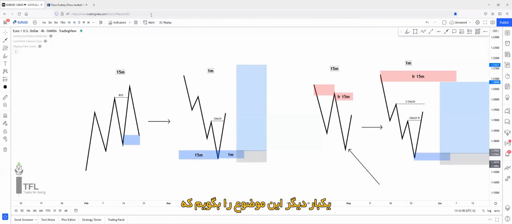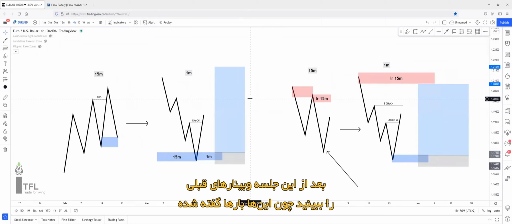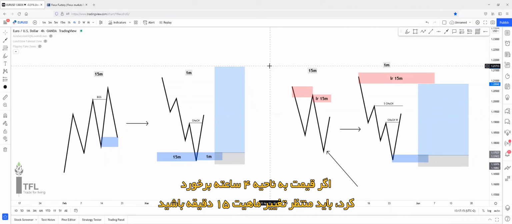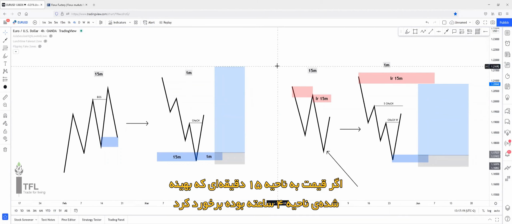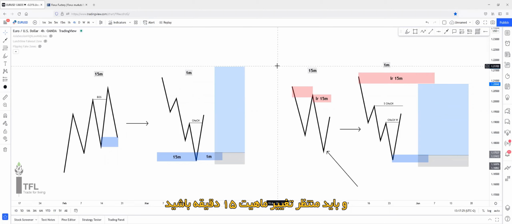Let me put this in perspective again. After this session, I would like to ask you to watch the webinars, because these are explained in the webinars every single time. But I will tell you once again: if price steps into a 4-hour zone, you have to wait for a 15-minute change of character. If price steps into a 15-minute zone which has been refined from a 4-hour zone, you still have to treat that 15-minute zone as a 4-hour zone, so you have to wait for a 15-minute change of character.